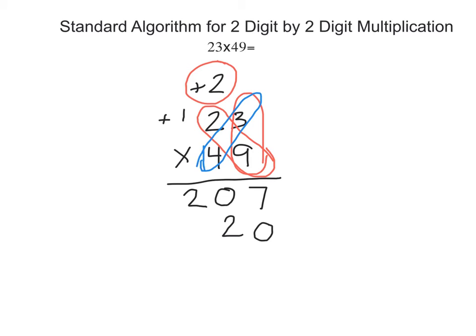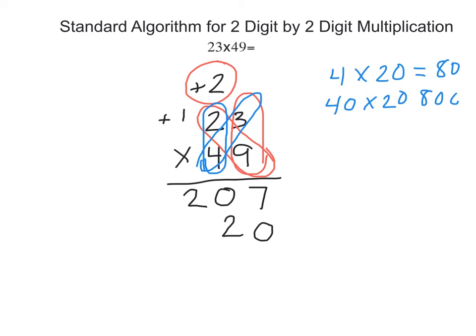Next, I need to do 40 groups of 20. 40 groups of 20 is 800. If you're wondering how I got that, I know that 4 groups of 20 is 80 because I can count 20, 40, 60, 80. So 40 groups of 20 would just be tacking on a 0.